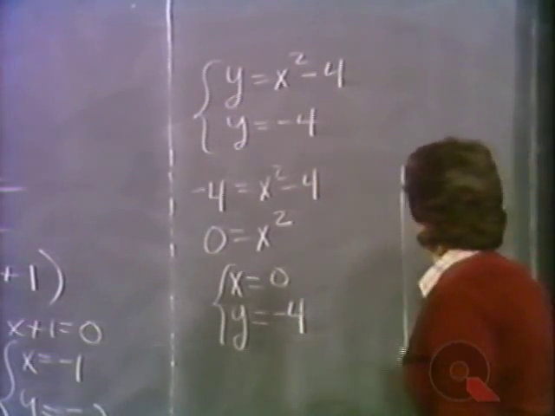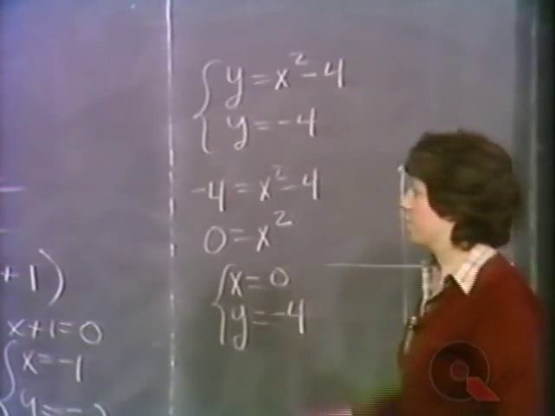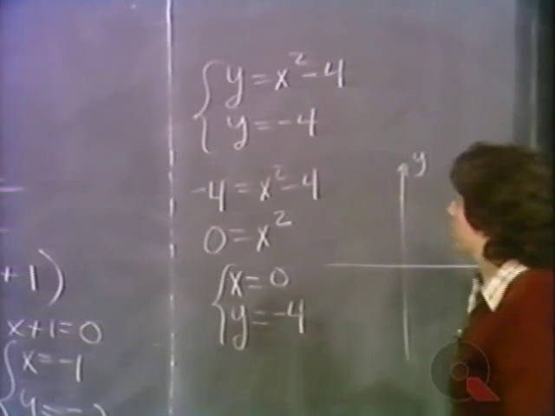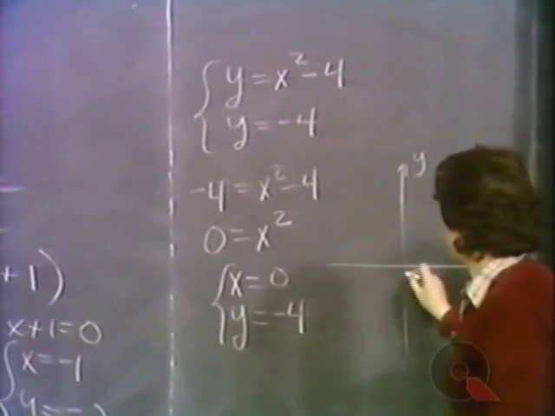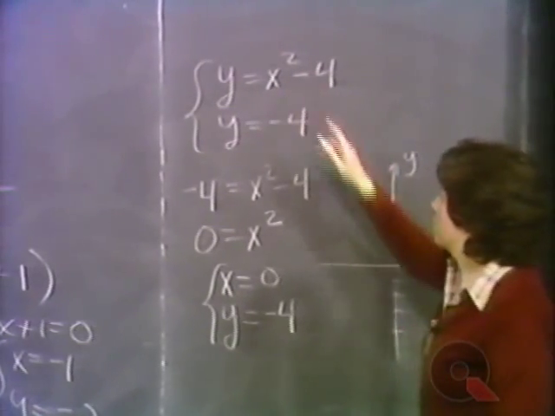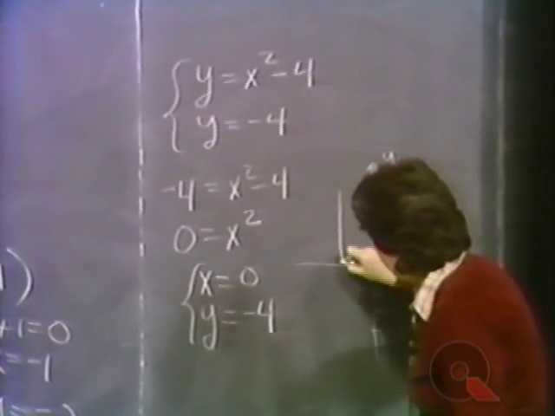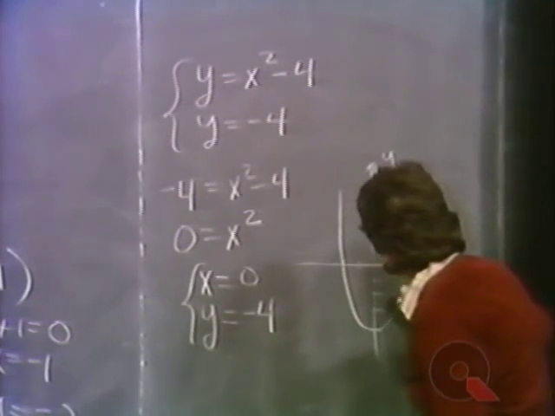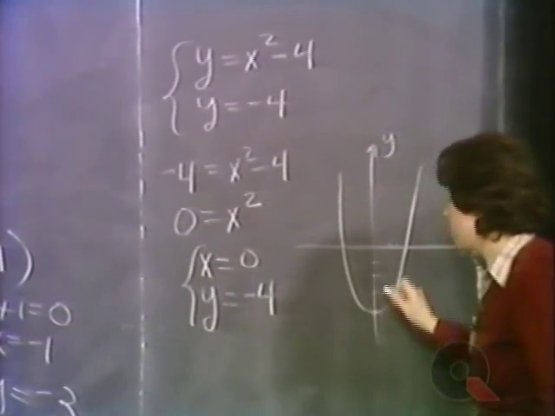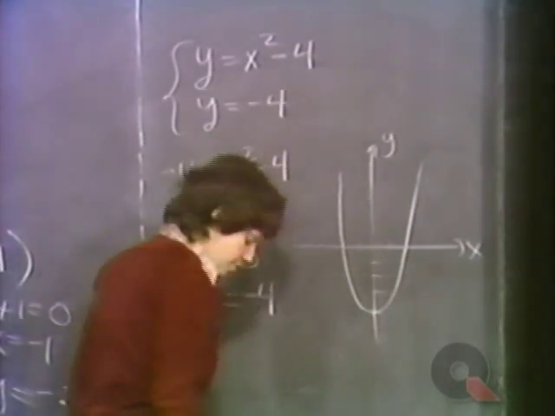If you want to make a sketch to see what's going on here, and why we only got one point of intersection in this case, it's very easy to see. This is the same parabola we dealt with before. When x is 0, y is -4. When y is equal to 0, x squared is 4, x is 2 and -2. It's this parabola. The line y equals -4 happens to go right through the turning point of the parabola, right through the vertex of the parabola.